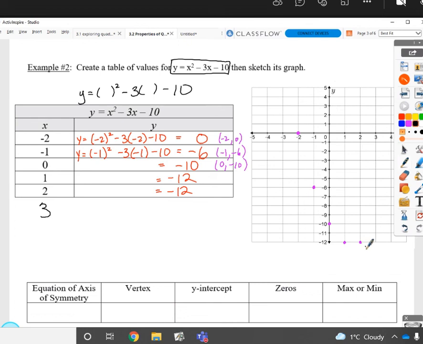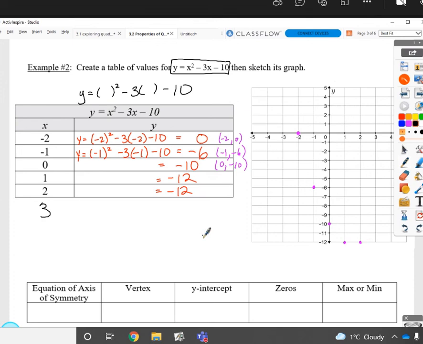Oh, she's got it. Maggie recognized that these two coordinates are the symmetrical coordinates. That axis of symmetry, she said, is at 1.5. It's going to cut this thing right here. So the next point over should match up with this guy right here. That's so interesting.